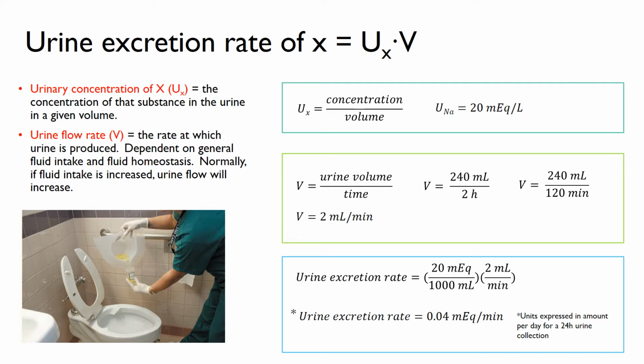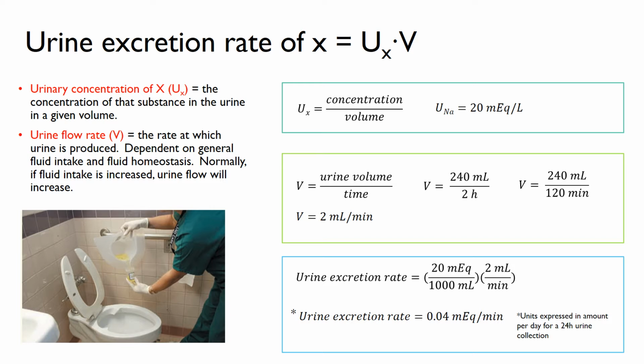Now, you can change these variables. You can collect in terms of minutes, in terms of hours, or in terms of 24 hours or 1 day. Instead of collecting urine every minute, say you collect urine every 2 hours.